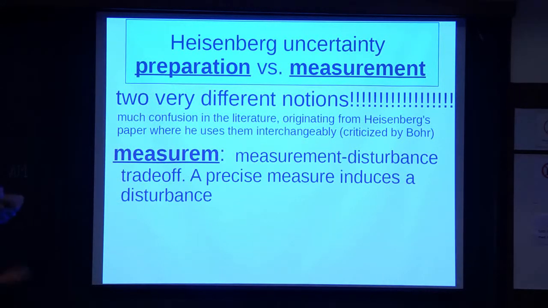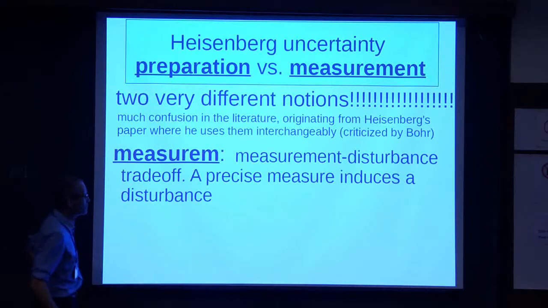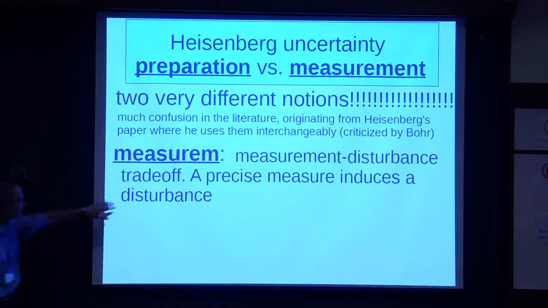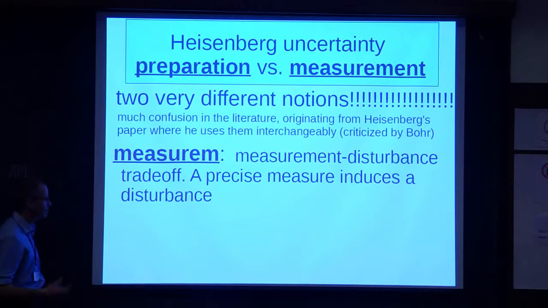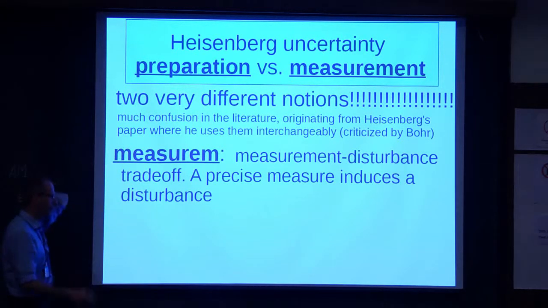So there's a very strong debate in the literature, especially recently, about how you can really quantify this disturbance. Okay, and for example, Masanao Ozawa has one proposal, and of course there was a very strong debate about that.